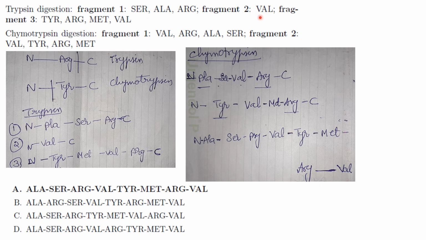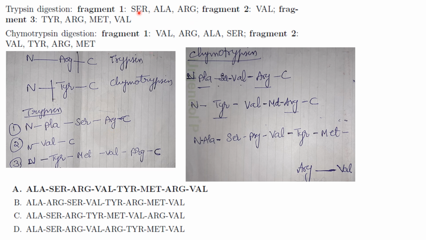Now there is a valine here. From where did that valine come? If you see this chymotrypsin digestion fragment, valine, arginine, alanine, serine. So your first fragment of trypsin digestion, alanine, serine, arginine, there is a valine also.